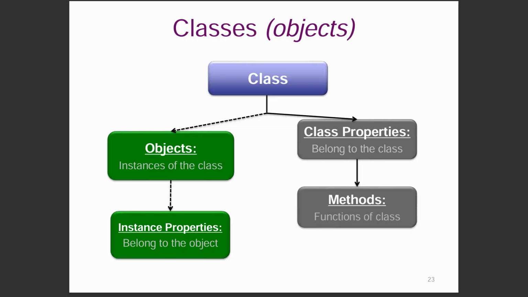A class has class properties and methods, while every class must have its own object, and every object must have instance properties belonging to the object. See that?